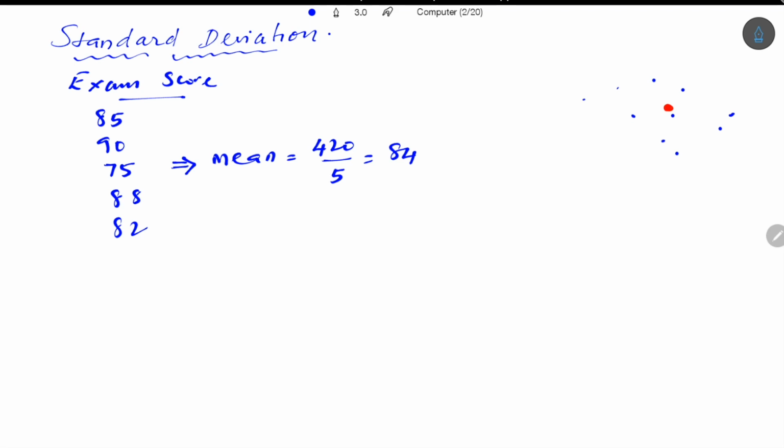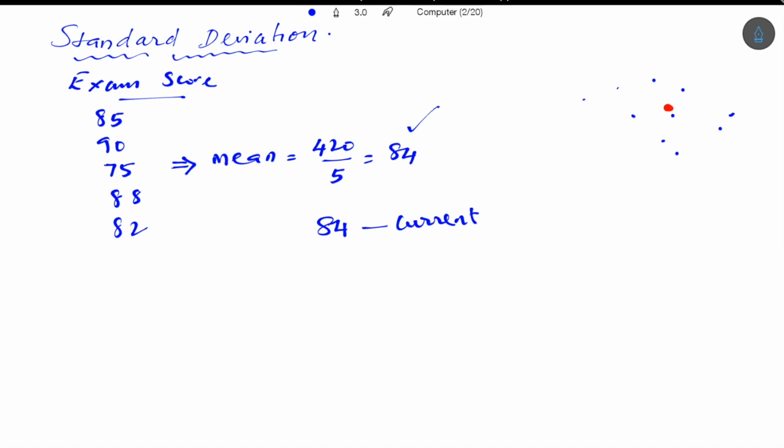So 84. If somebody asks what is the average score of your course, I can say the average score is 84. Suppose in future someone asks what would be the average score of your course.